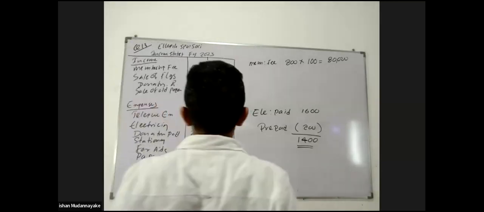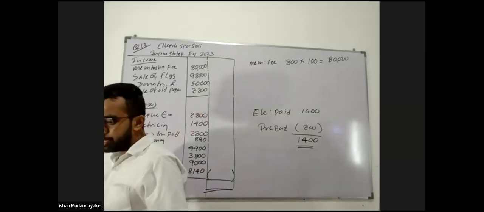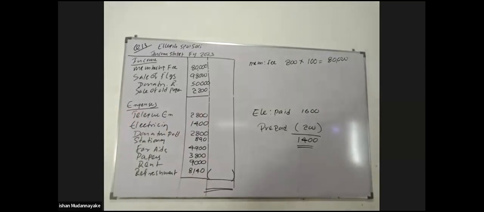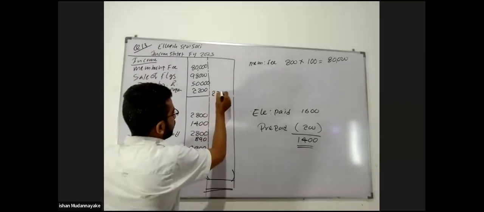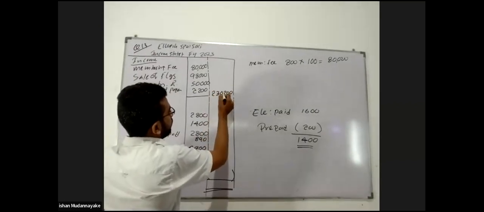How much is the total income of the organization? 230,200, right?